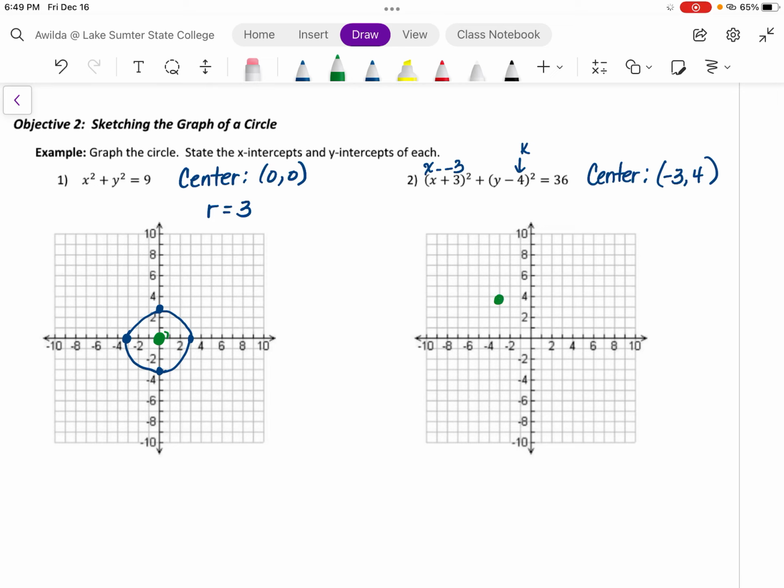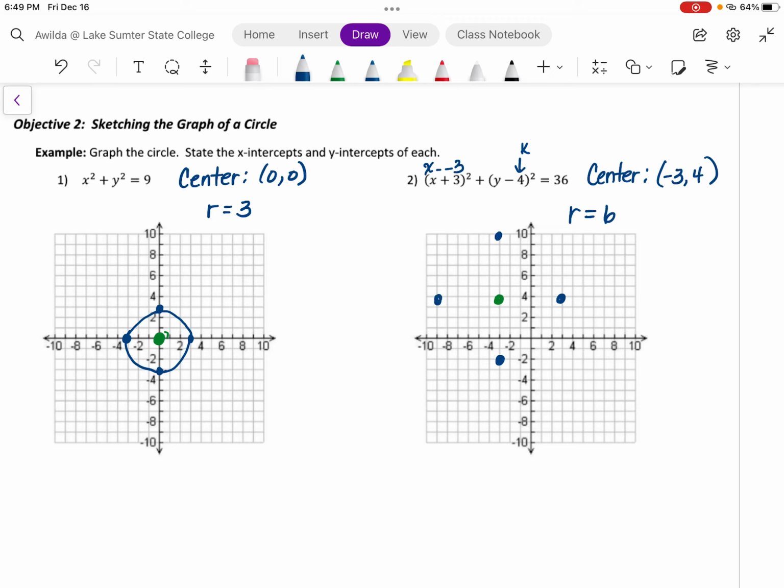Right there. The radius, in this case, when squared, is 36. So the radius will be the square root of 36, or 6. So from here, we can travel 6 units up, 6 units down, 6 units to the right, and 6 units to the left.